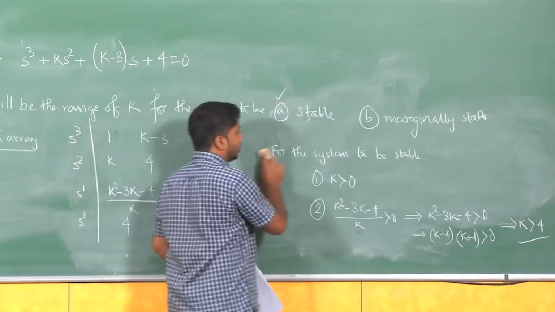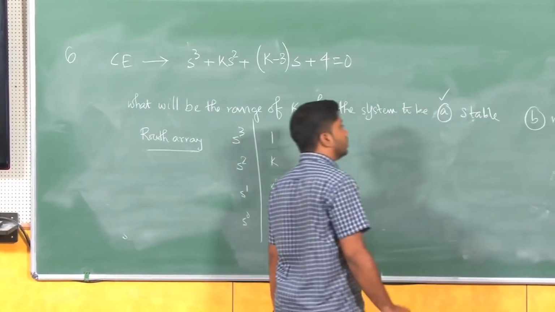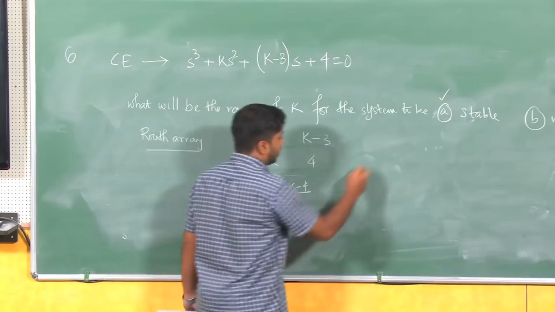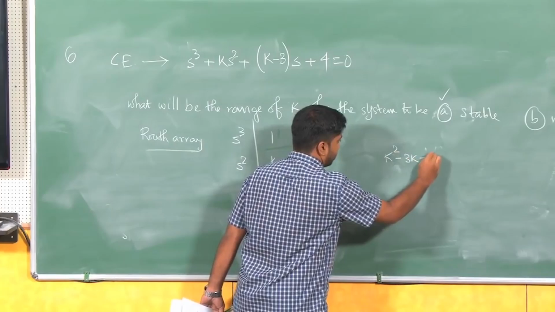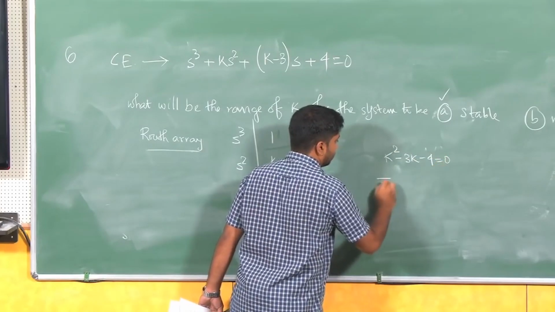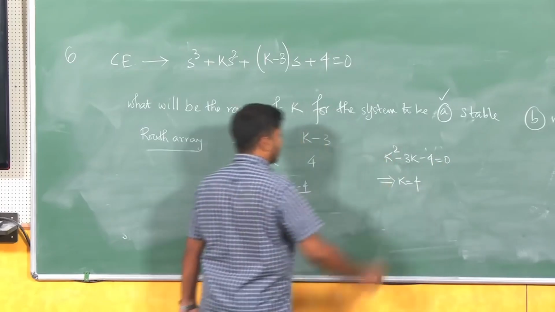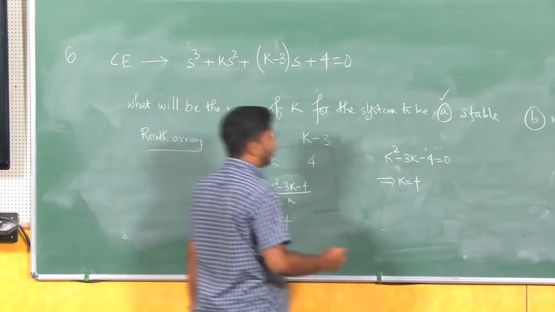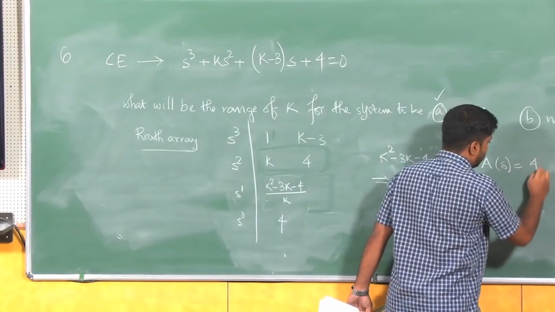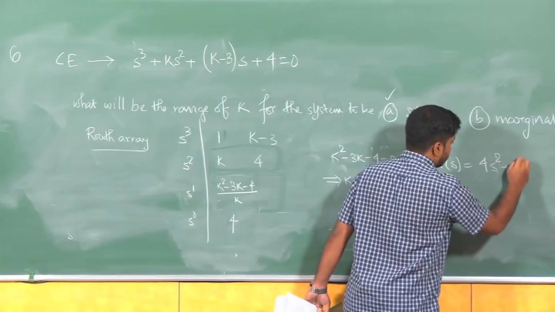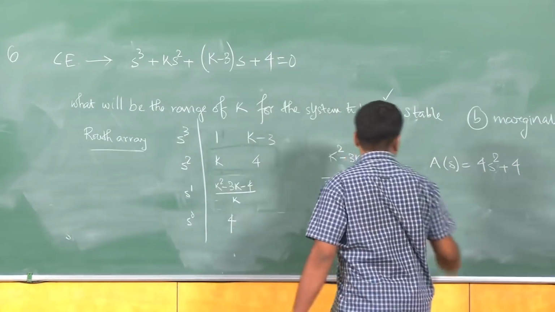Now, part B. For marginally stable, this term will be 0, that is k square minus 3k minus 4 is equal to 0, that is when k is equal to 4. Now, the auxiliary polynomial is A(s) equal to 4s square plus 4, because k is equal to 4.